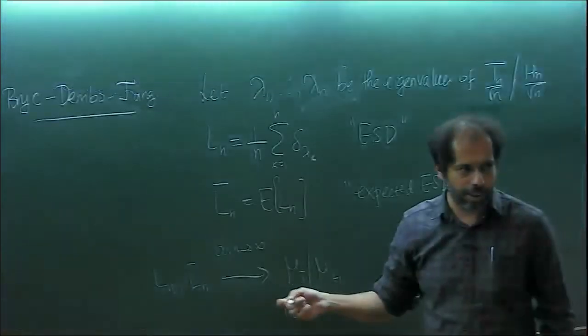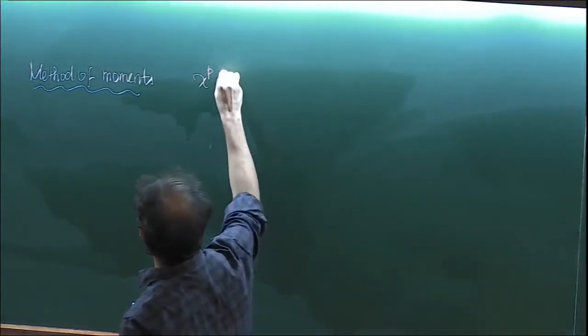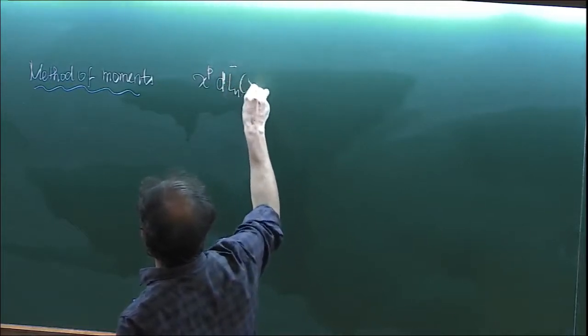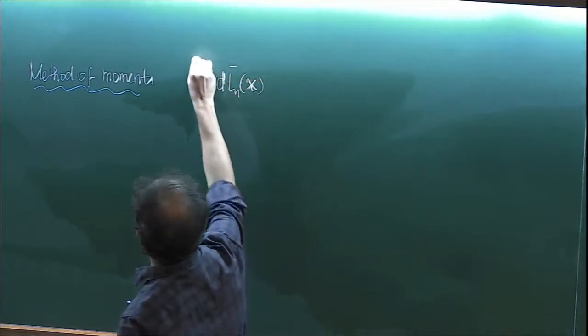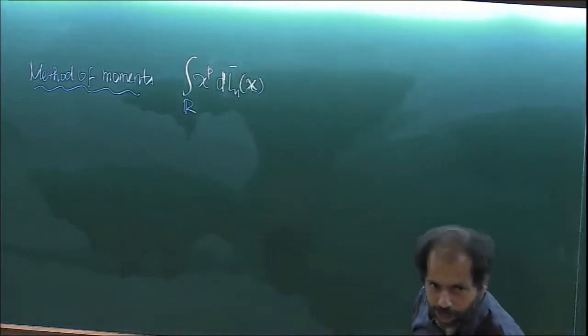If you want to say a sequence of measures converges to another measure, you try to show that the moments converge. So you take the moments of, let's say, L_n bar: the integral of x to the p d L_n bar of x. That is the pth moment of the expected empirical spectral distribution.